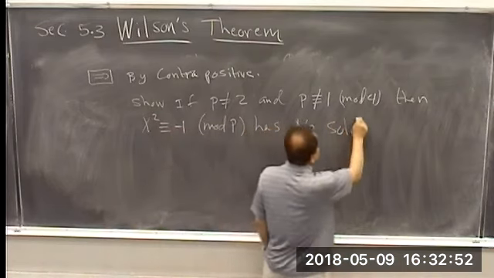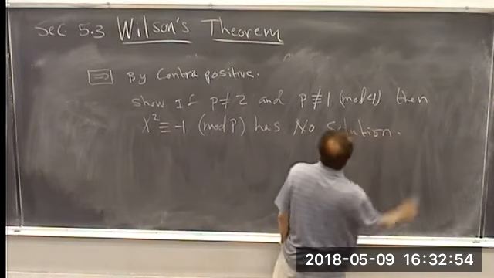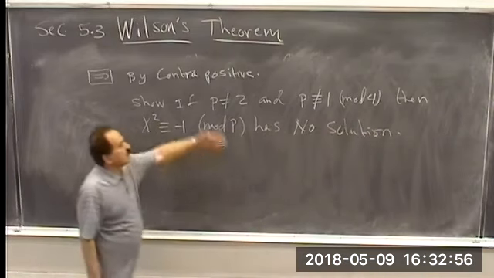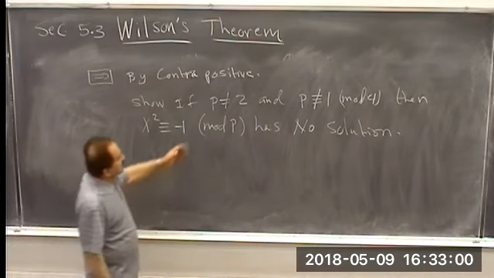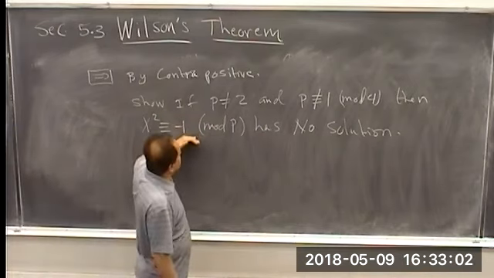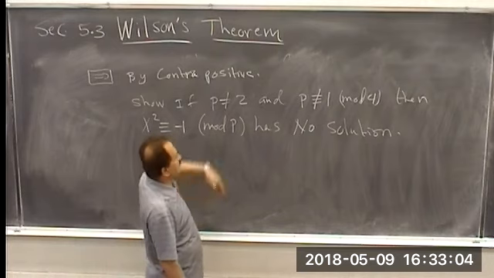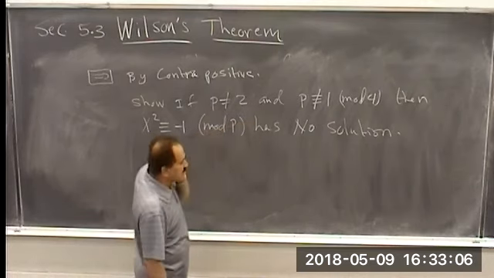This is what the contrapositive means, and it's equivalent to the statement that if this congruence holds, then P must be either 2 or this.